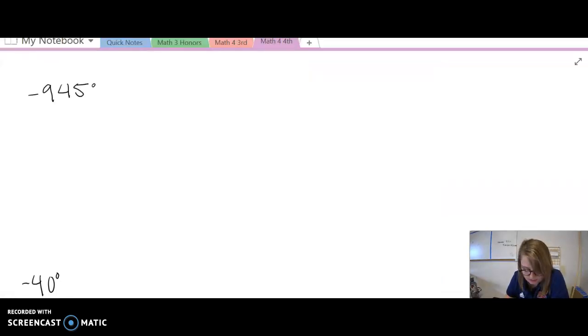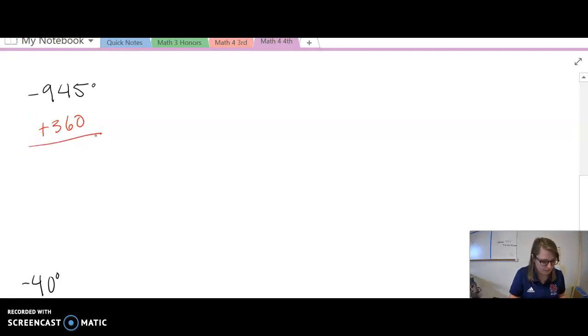Now I was doing some reading about how to better teach this, and it was saying that if you have a negative angle, a better way to approach it is, instead of subtracting 360, you're going to add 360. So we have negative 945, so what we're going to do is add 360 because it's negative.